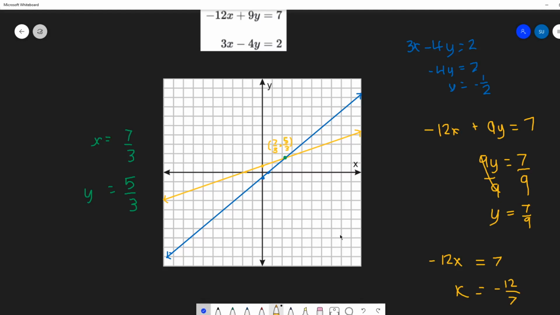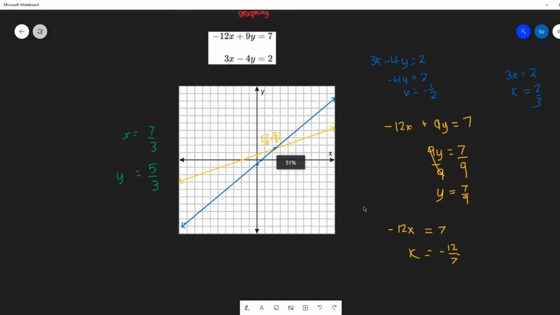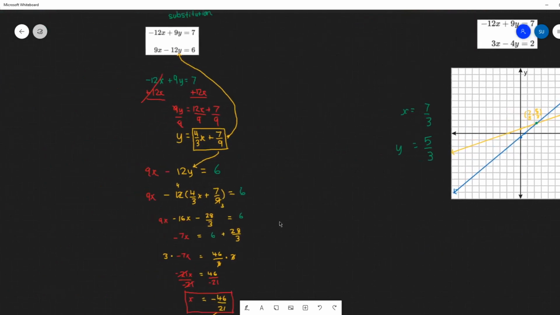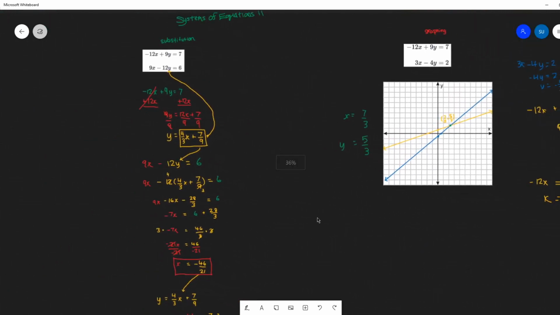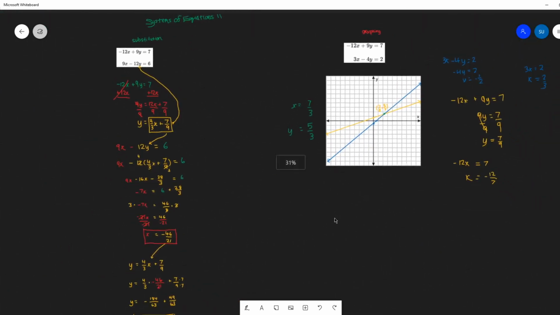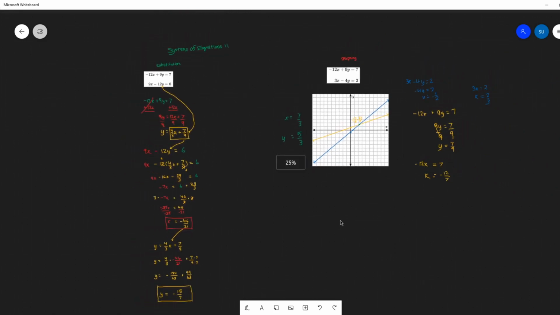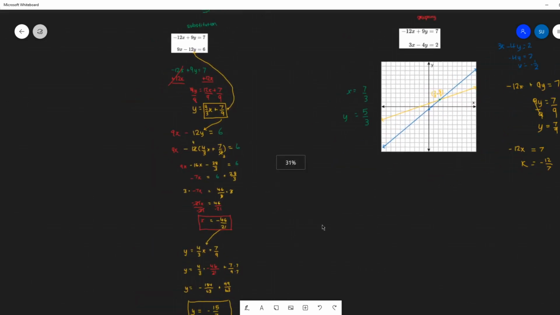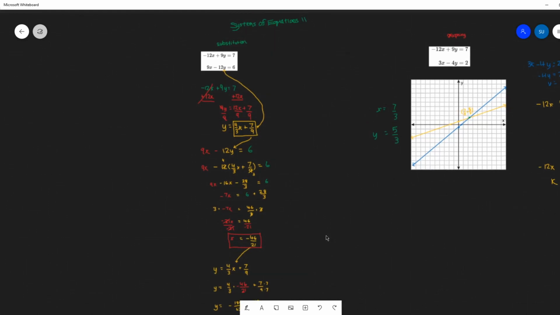So that's essentially how you use graphing to find a solution to a system of equations, and this is how you use substitution. Once again, each of these has their own strengths and weaknesses, and usually I like to use elimination, even if substitution is more beneficial in that situation, because I'm just so used to elimination that I can sometimes do it even quicker than substitution.